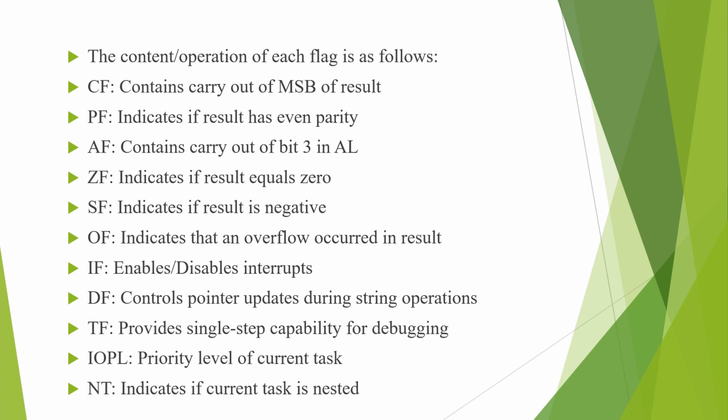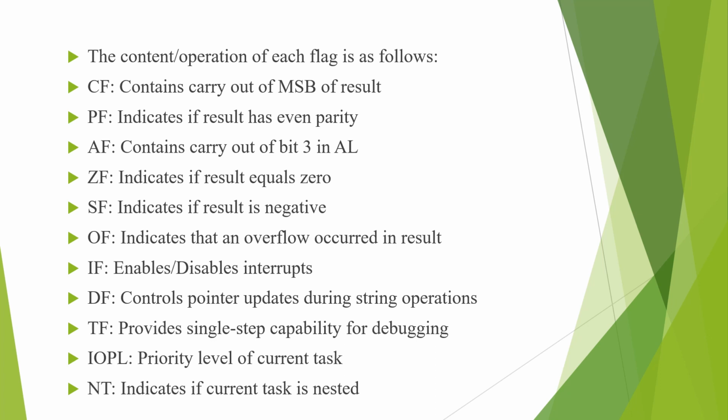Auxiliary carry flag: whenever there is a carry generated from the third bit of the AL register to the fifth bit, the auxiliary carry flag is set. Zero flag indicates the result equals 0. Overflow flag indicates that overflow has occurred in the result; whatever result is generated for a particular register is not accommodated in it.